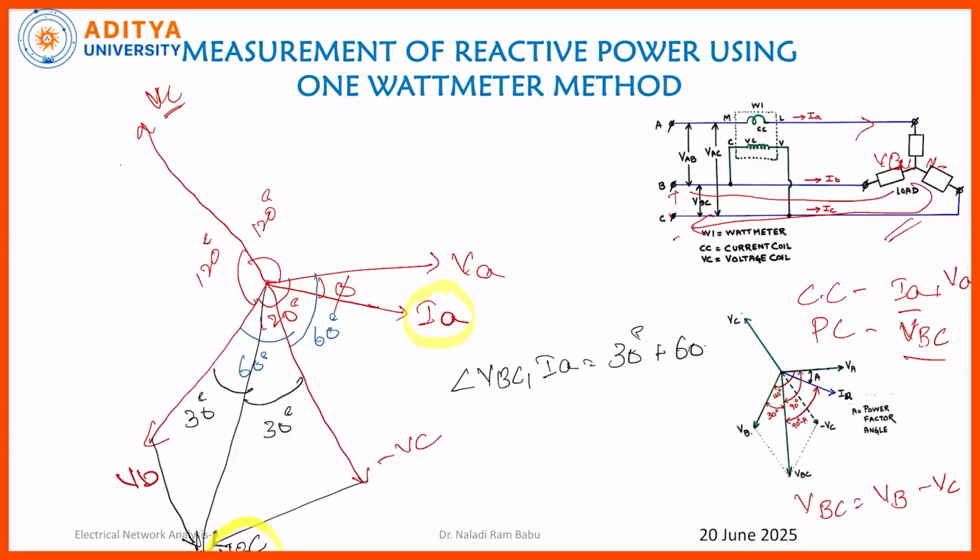But here phi is there, which we need to subtract, that means it will be 90 minus phi. Therefore, the angle between VBC and IA is 90 degrees minus phi.